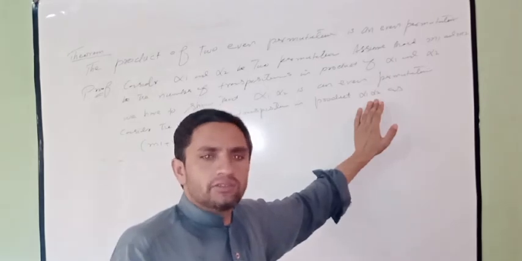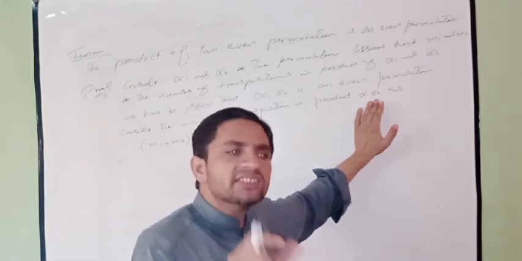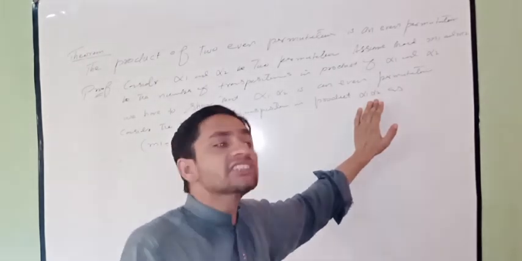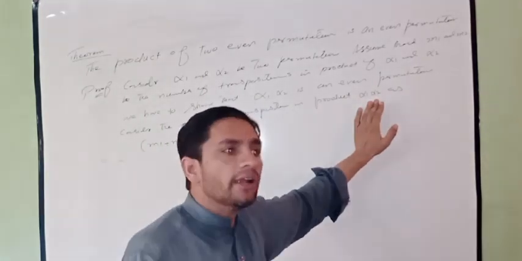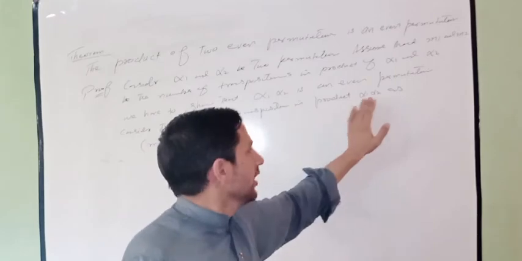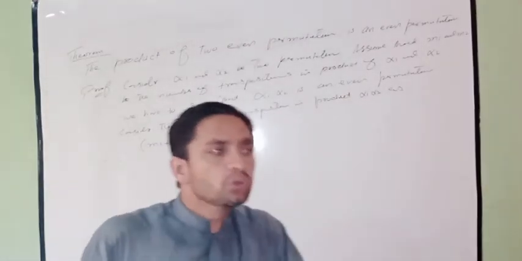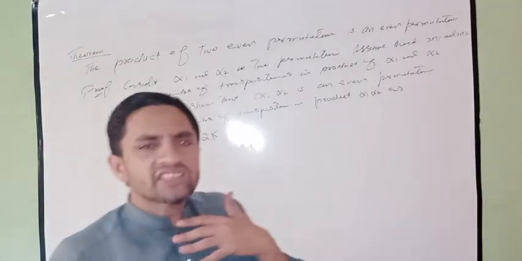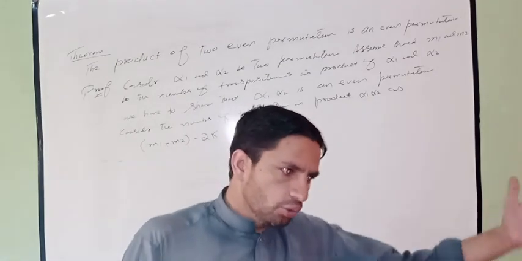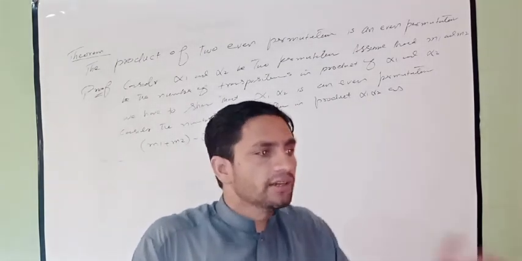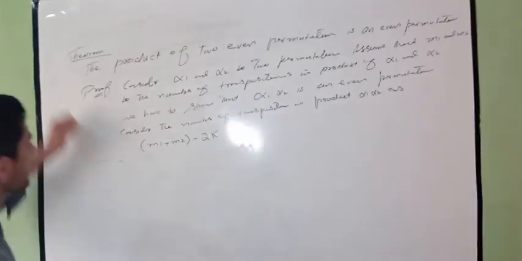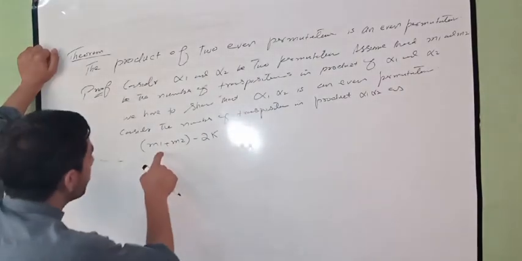But remember that k may be 0 or any natural number. 2k is always used for the simplification to adjust the number of transpositions in the product alpha 1 alpha 2. I will explain it with a suitable example.